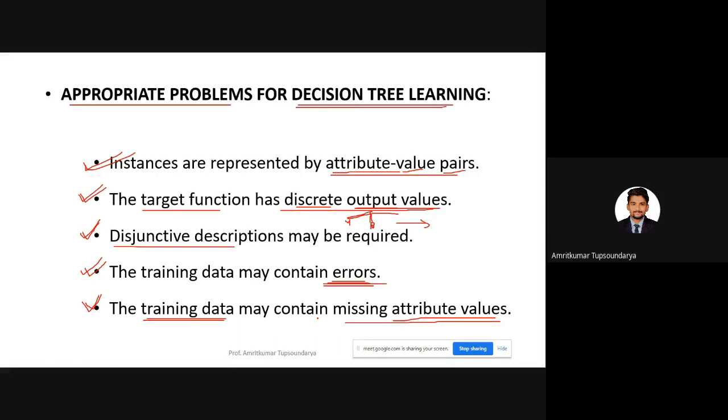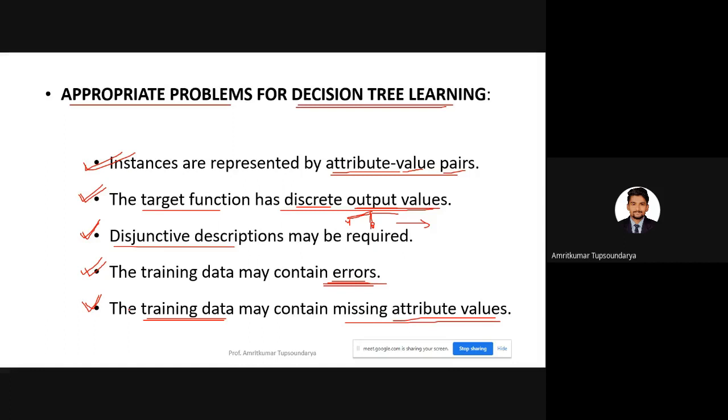Of course, it will compromise our accuracy, but the data set can still be handled, and we may get some output instead of no output when we take this decision tree approach. So that is the last characteristic: the training data may contain missing attribute values, so it can be used even when some training examples have unknown values.